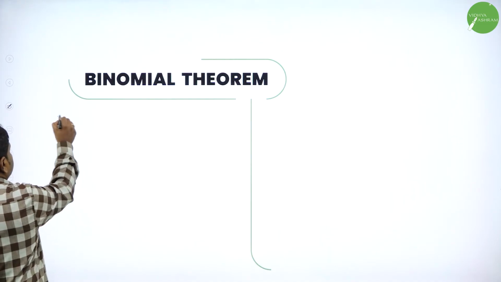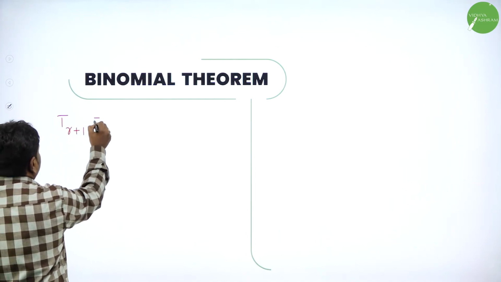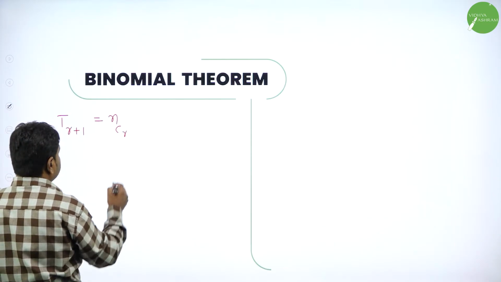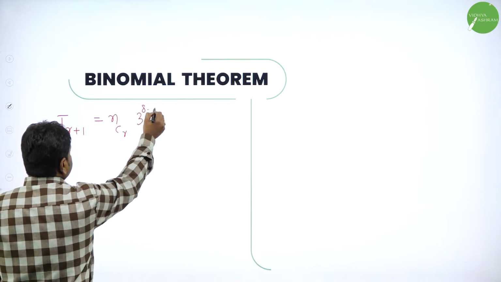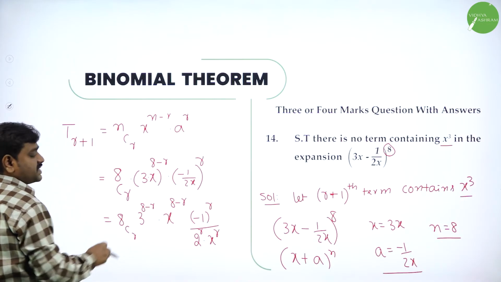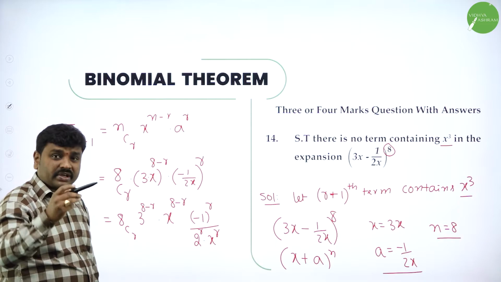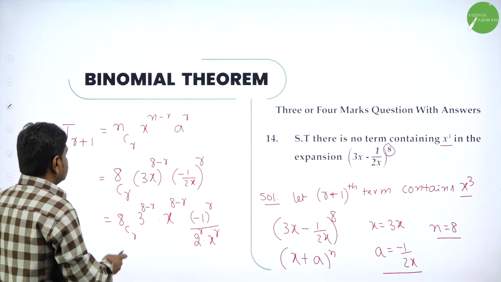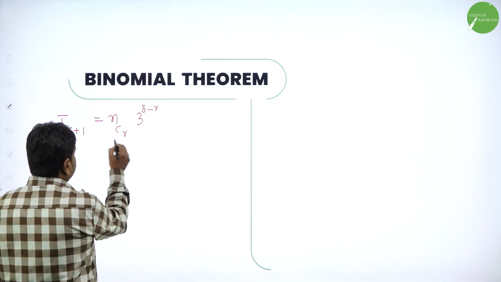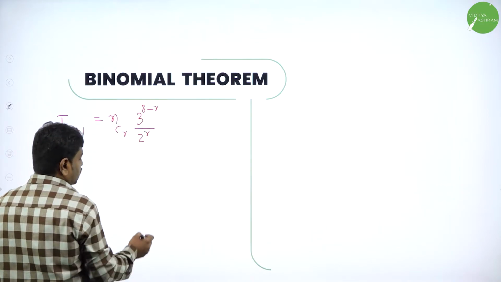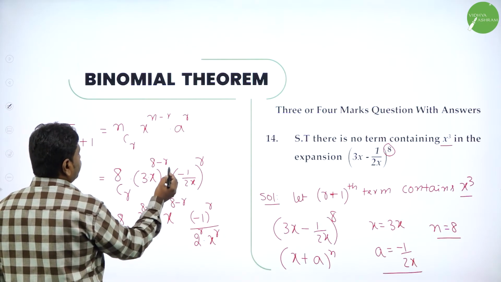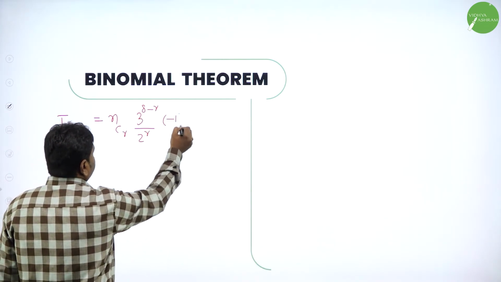That is, T(r+1) is equal to nCr 3 power 8 minus r, and group the non-x terms, meaning take the terms without x separately. And this is 2 power r, it does not have x, so I'll write it here as divided by 2 power r. And further minus 1 power r, separate it.